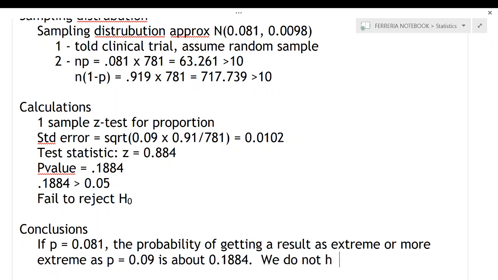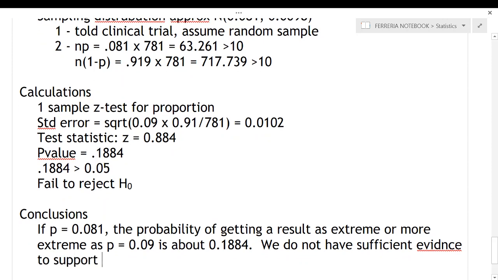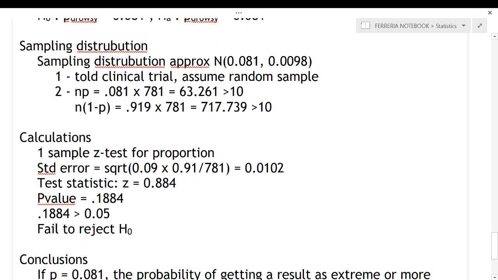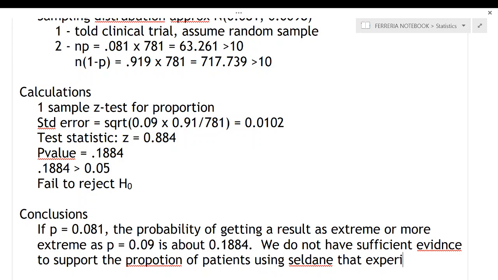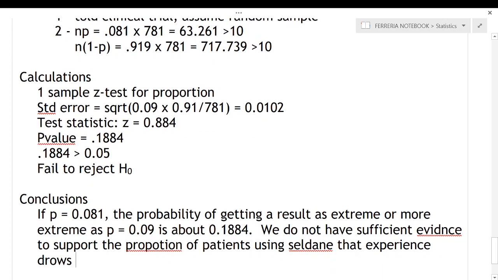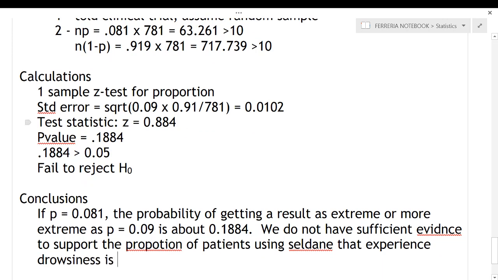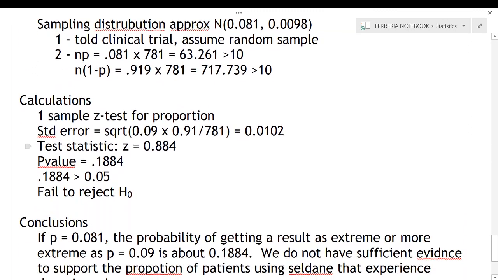We do not have sufficient evidence to support that the proportion of patients using Seldane that experience drowsiness is greater.